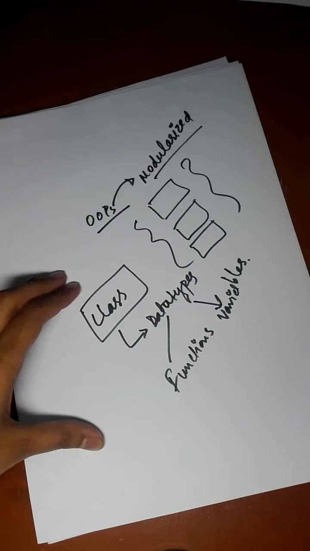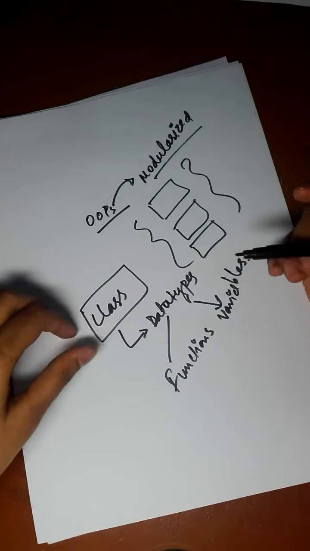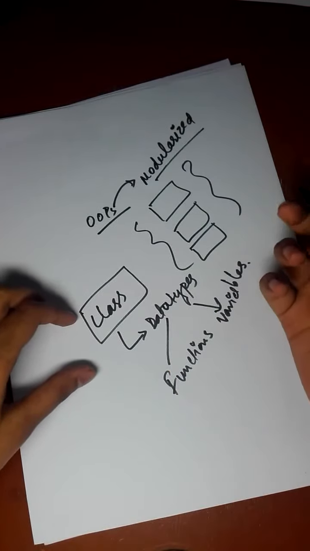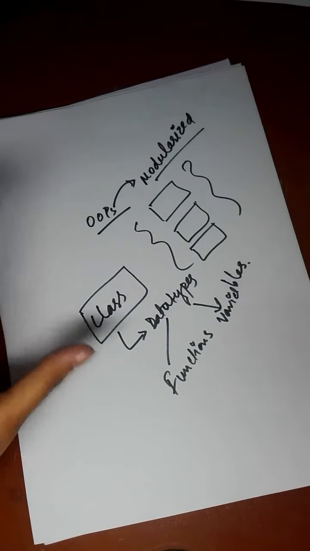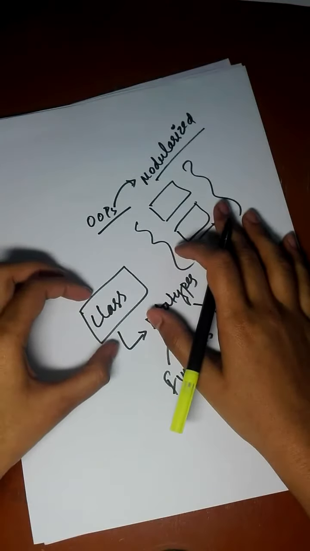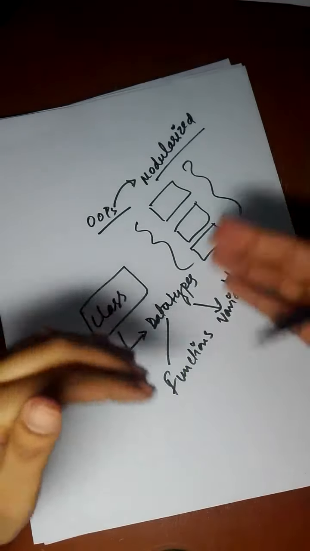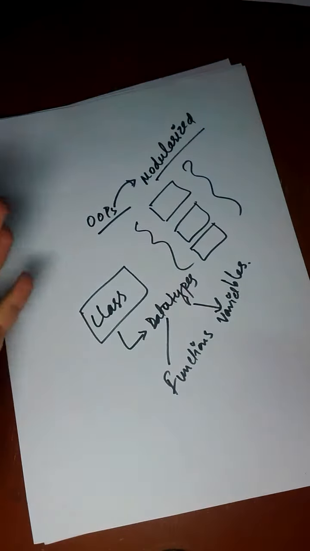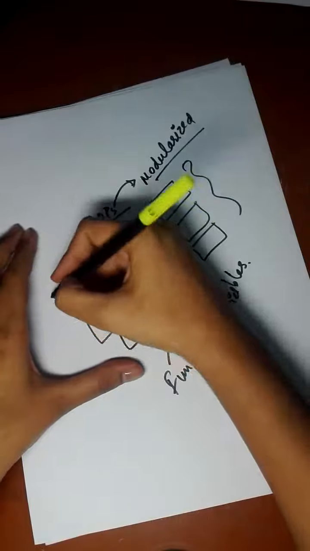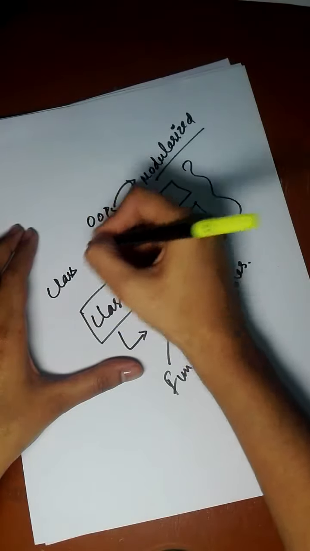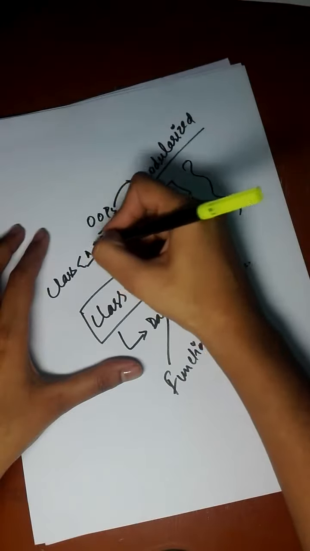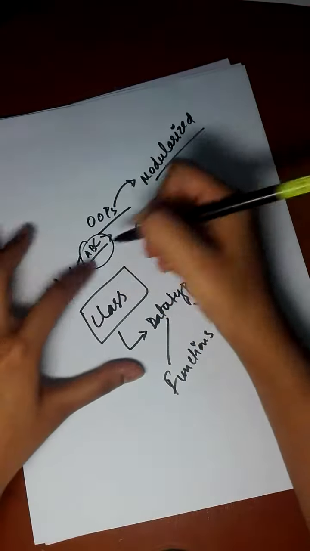In more sophisticated terms, it's also defined as a blueprint, a prototype or a template for a module. Whenever you declare a class, you say class and then the class name, for example ABC.